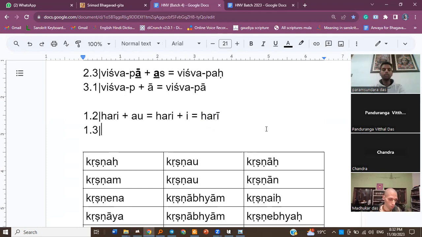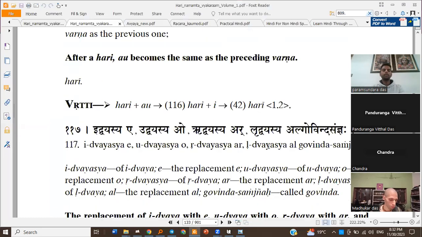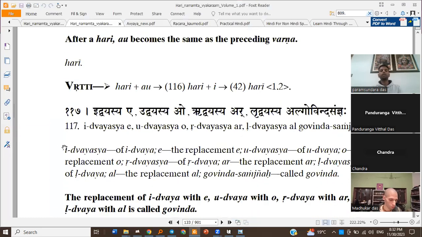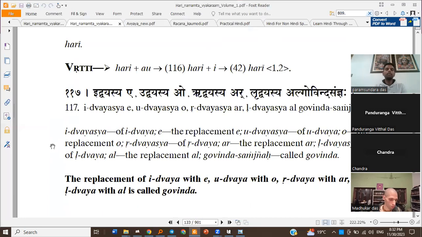And then the next one, Hari plus Jas. So before that, there are also a few Sangya Sutras. This is very important. Idvayasya A, Udvayasya O, Hridvayasya Ar, Hridvayasya Al, Govinda Sangya.